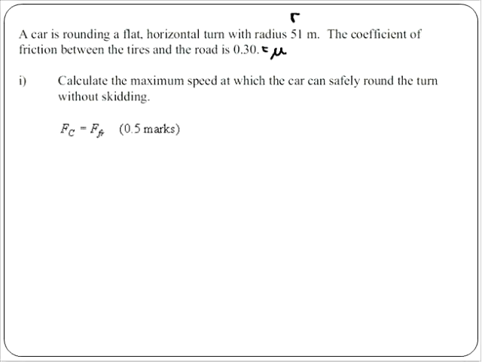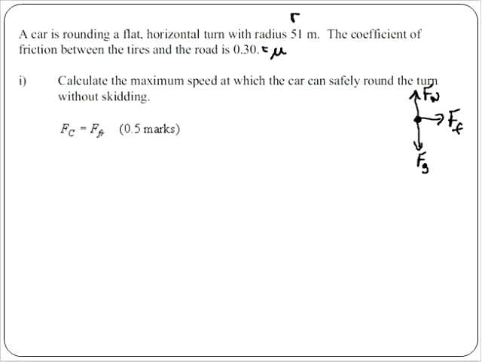Right? If we drew a free body diagram, for example, for that car, here's what it would look like. Force of gravity pulling down, normal force pulling up, and friction pulling to the side horizontally like that, or the other way, it doesn't matter. So because it's a horizontal turn, then I'm only interested in the horizontal forces right there.